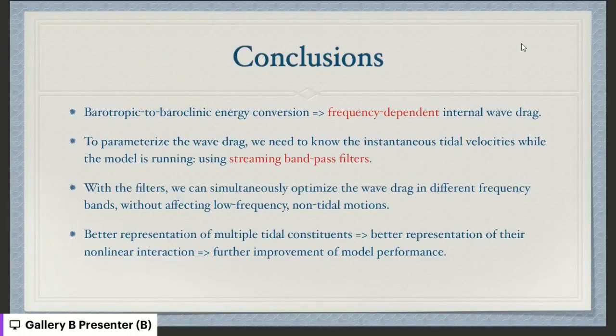Okay, so I think I'll step back to talk a little bit about the motivation here, because the internal wave drag parameterization is needed when you cannot resolve internal waves in the ocean model, right? So if you have a high resolution regional model which can resolve or at least partially resolve the internal waves, then this might not be as important.